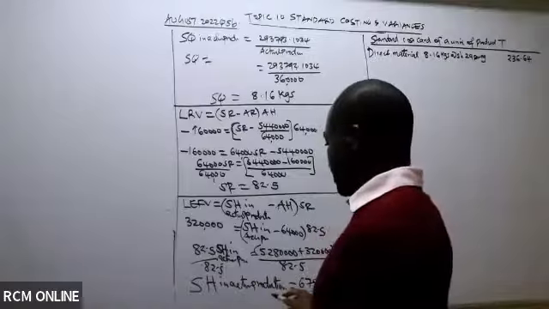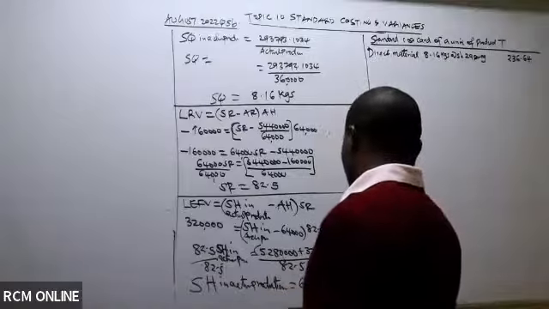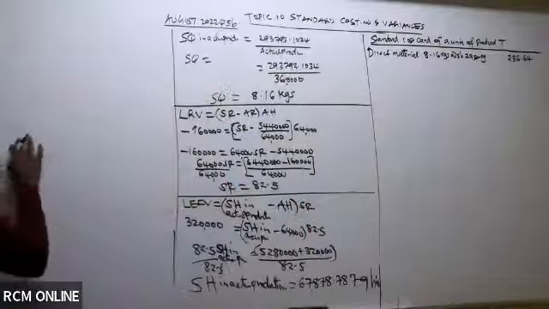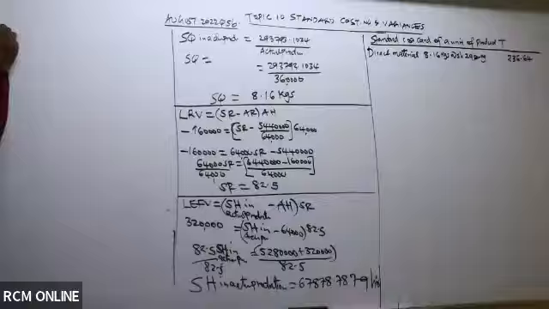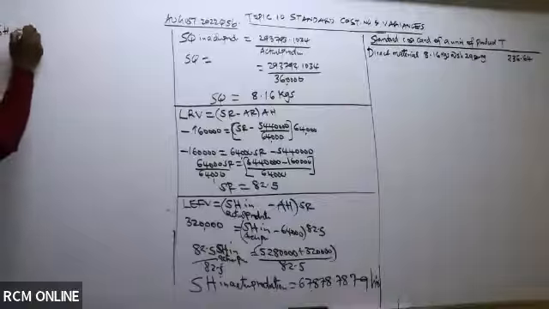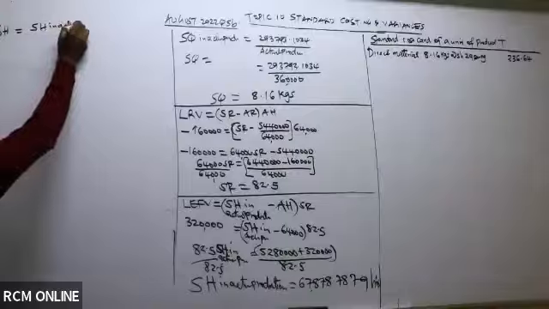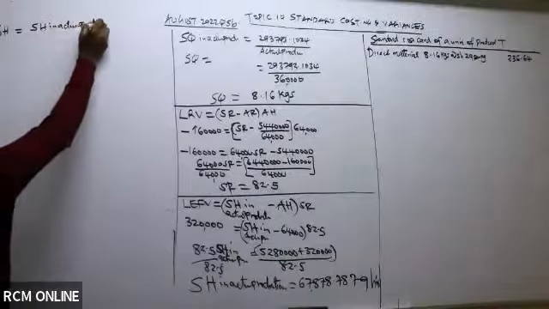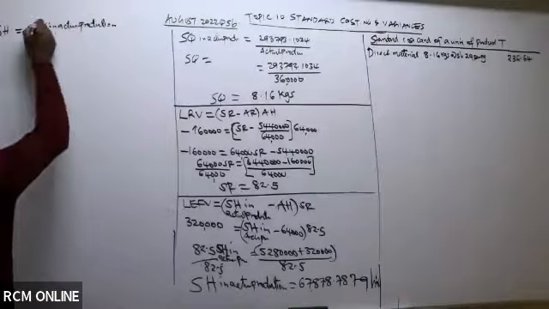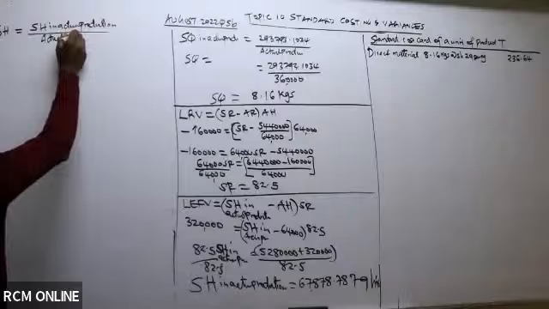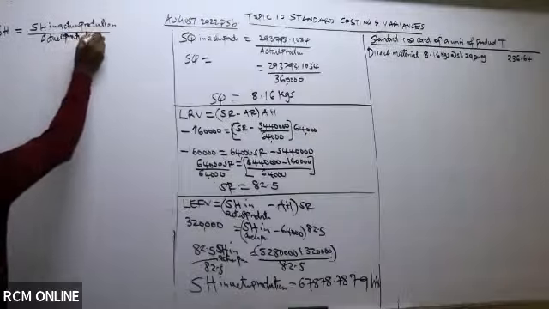That is standard hours in actual production. So you want to get standard hours per unit. Standard hours is equal to standard hours in actual production divided by actual production.